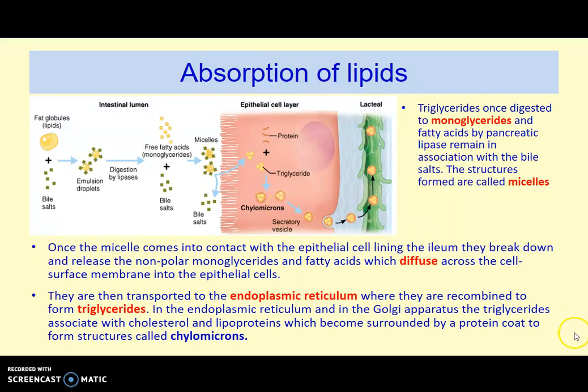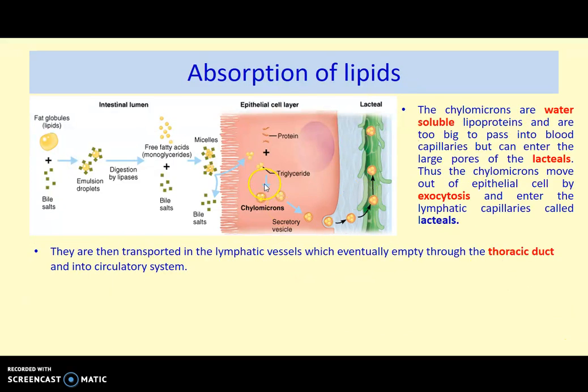Now at that point, the chylomicrons are water-soluble lipoproteins, and they are actually too big to pass into the blood capillaries. So we need to get them into the blood in a different way. What happens is they come out of these epithelial cells via exocytosis, and they will enter into the lymphatic system.